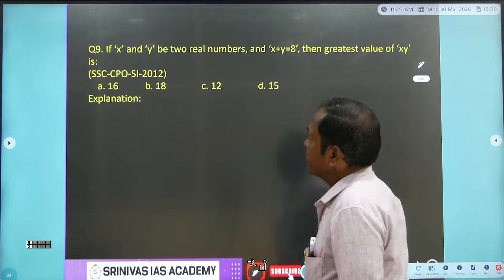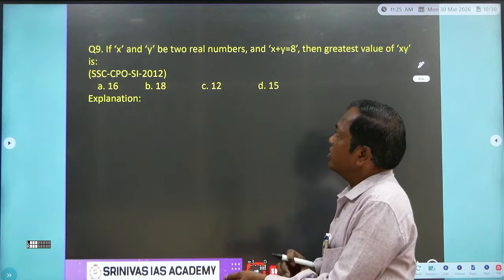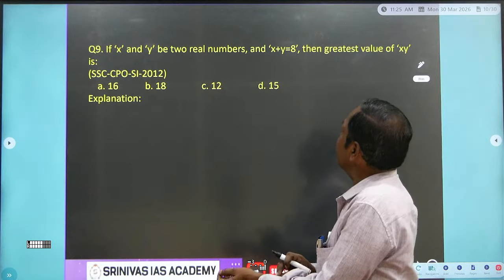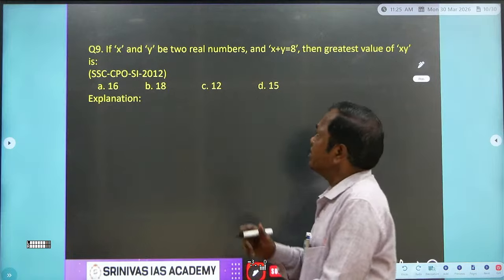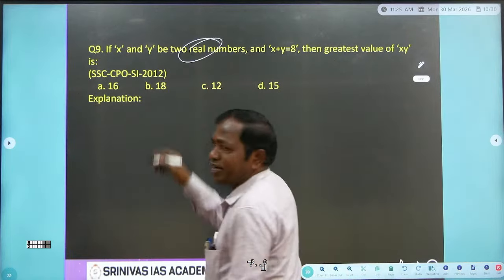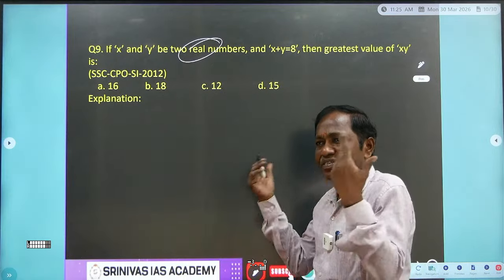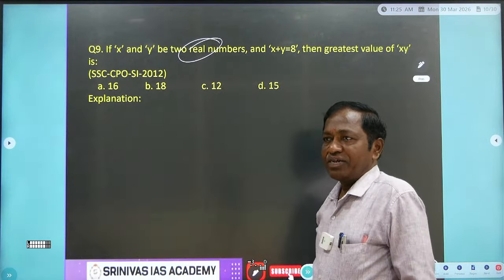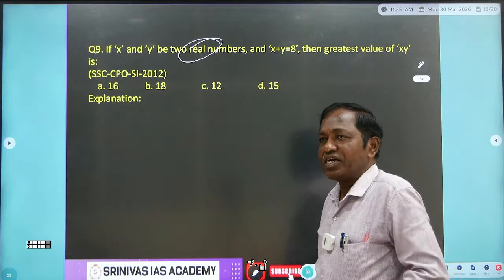Now we can see question number 9. If x and y are two real numbers, what is a real number? Any number is a real number. All natural numbers, everything is a real number. Real numbers include divisions, natural numbers, whole numbers.